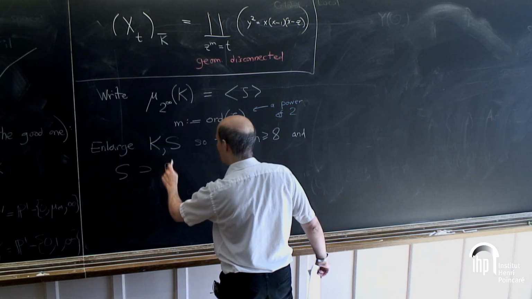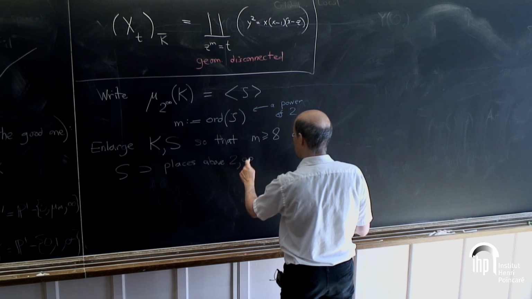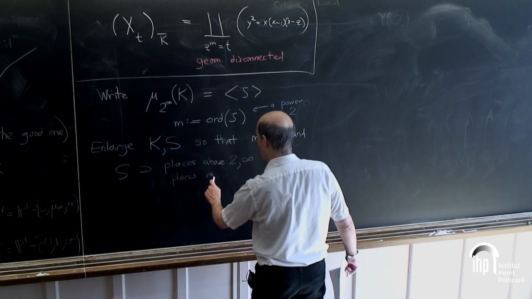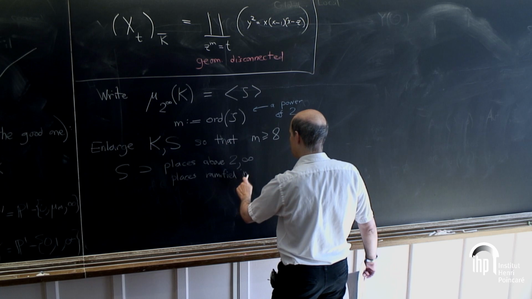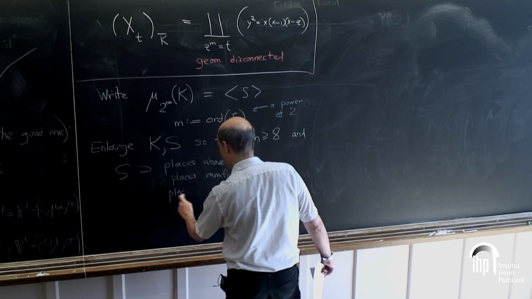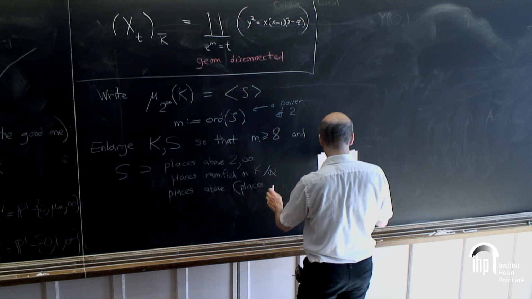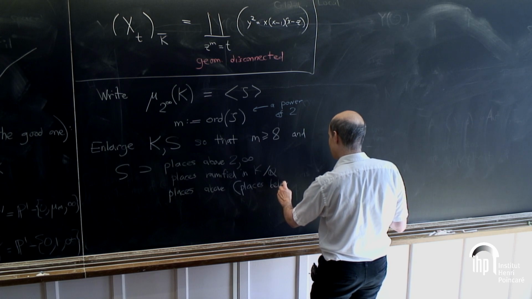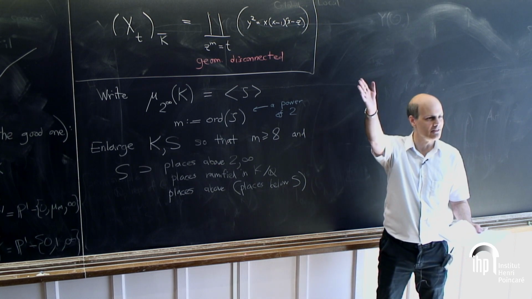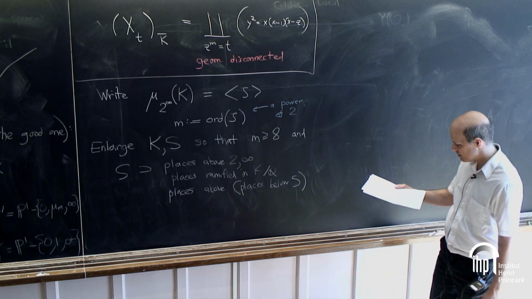I'll make it include all the places above 2, all the places above infinity, all the places that are ramified in K over Q. And then also all the places below S. What I mean is, if S contains one of the places above 7, it should contain all the places above 7. So you can just assume all that.